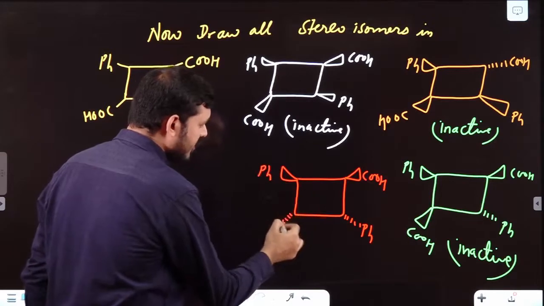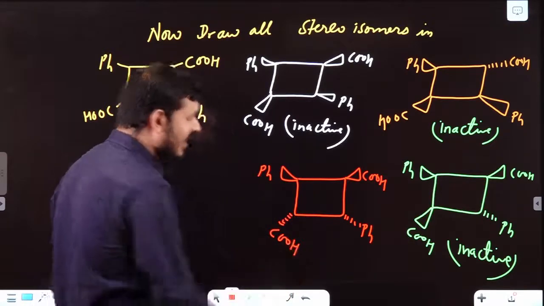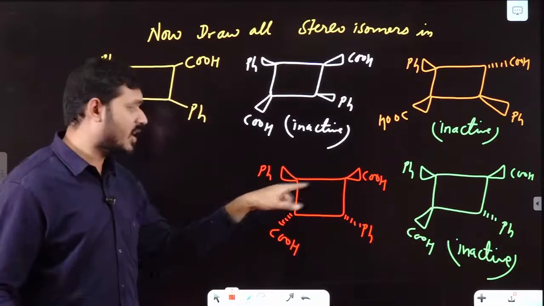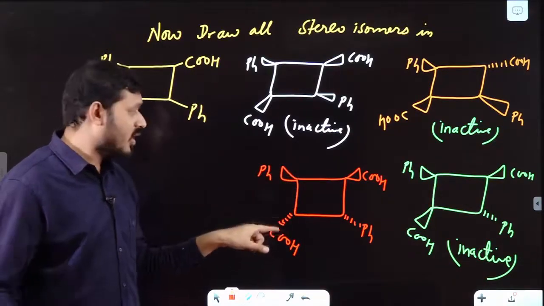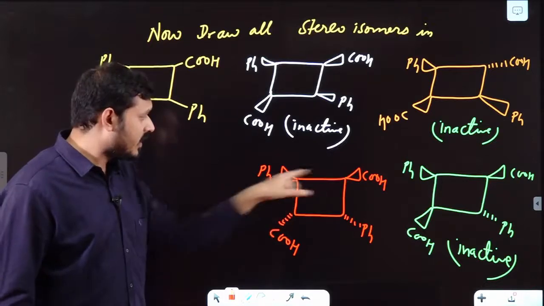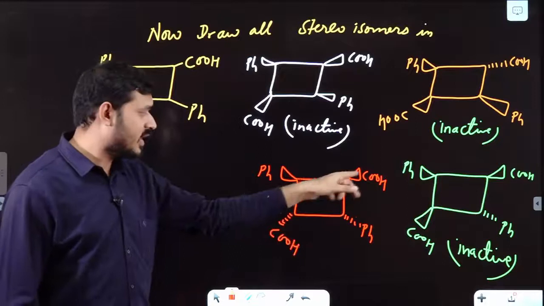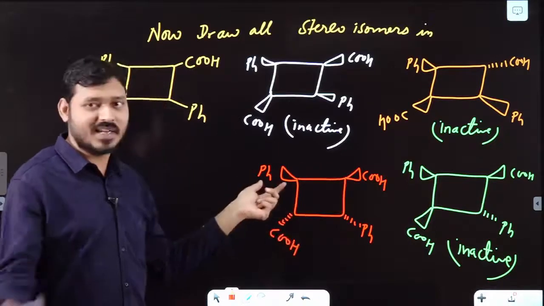See, I made first of all here, 1 2 on same side, then I will make 1 3 on same side. Now if you see these two on same side or these two on same side, that is same only, right? This COOH OH or this COOH OH, that is okay.